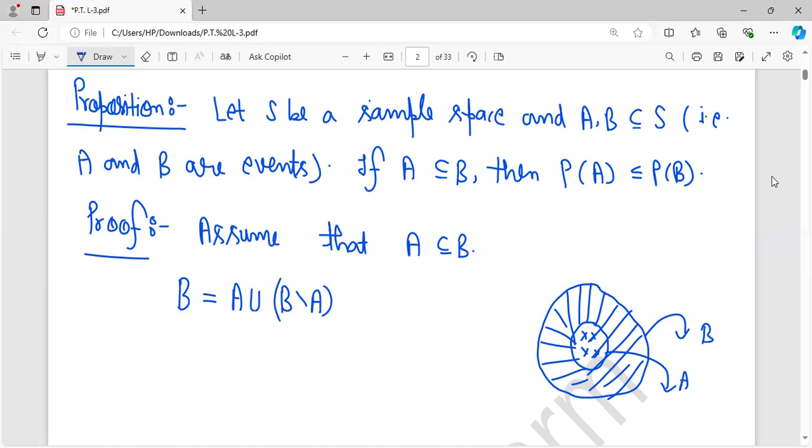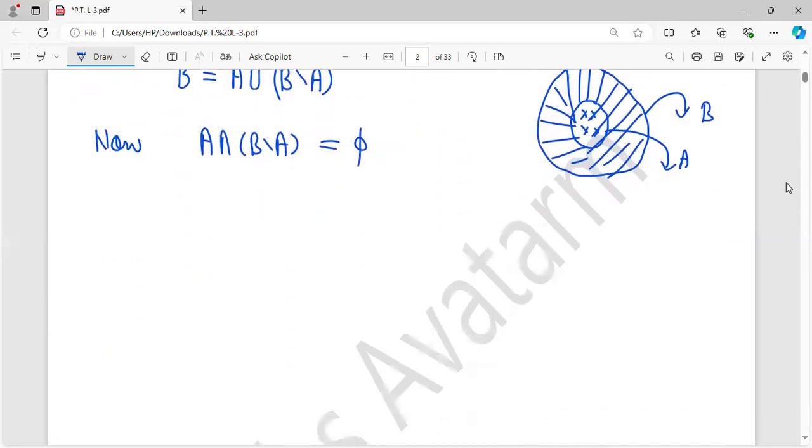Now, A intersection (B minus A) is empty. It means B minus A, that is, B intersection complement of A, is equal to the empty set. What does it mean? It means that A and B minus A are mutually exclusive events.